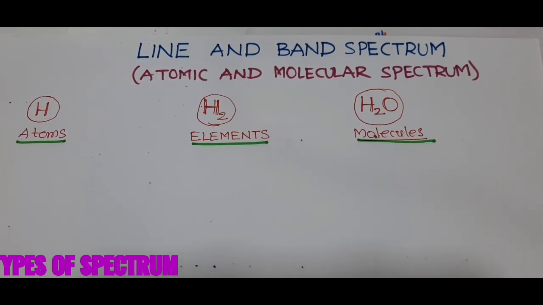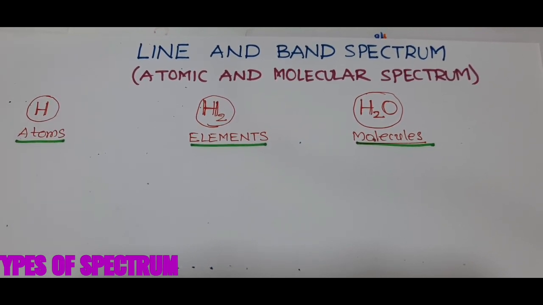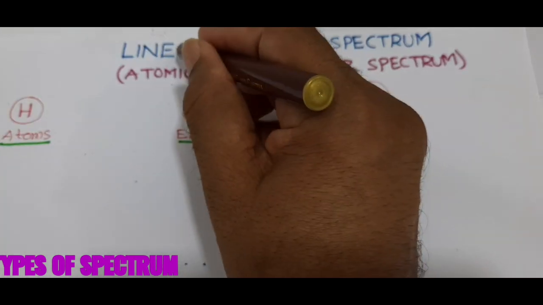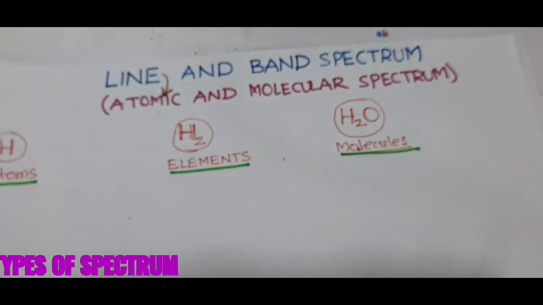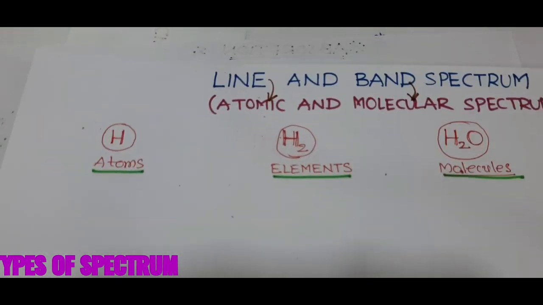What are the line and band spectra? Line and band spectra are also called atomic and molecular spectra. Why are they called atomic and molecular spectra? The simple reason is that the line spectrum is formed by atoms, and band spectra are given by molecules.